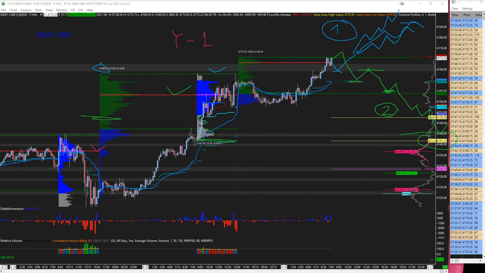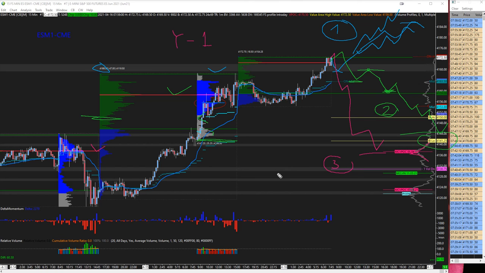Of course, there's scenario 3, if we somehow find sellers very motivated and we just dive right down, get to 136, the MC VPOC, the one I was expecting to get tested yesterday, and find a base. So that's scenario 3.